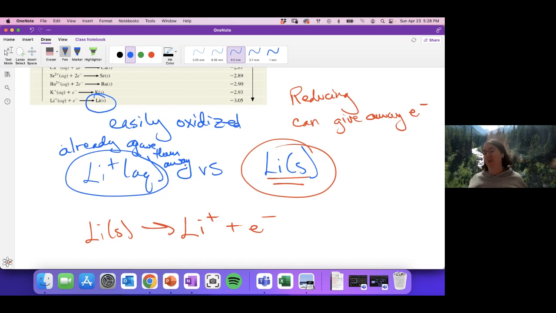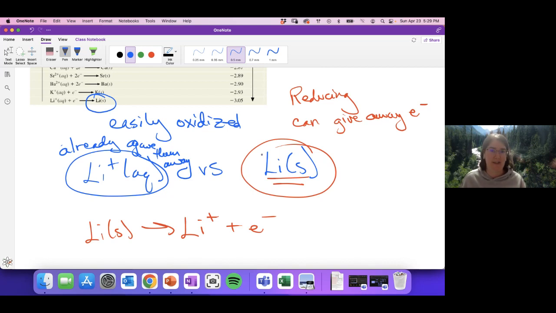It doesn't want any more electrons, but it already gave them away. So lithium solid has the electrons. Strong reducing agent, no problem. Lithium plus, not so much. Doesn't have anything to help you out with that. So lithium solid, strong reducing agent. Lithium plus has got nothing.